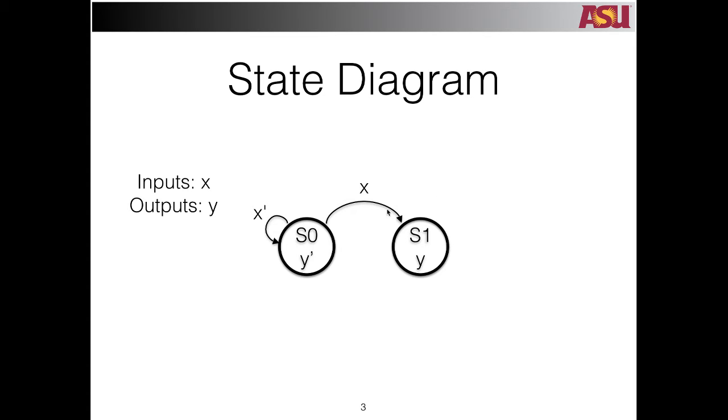Now, if we press the button, X will be true, so that this transition triggers, and we would change the state from S0 to S1. If we hold down the button, we will stay inside S1. So X is still true, we press the button, we stay in S1, and as you can see, the output here is Y equals 1, so our LED turns on as soon as we press the button and hold it down.